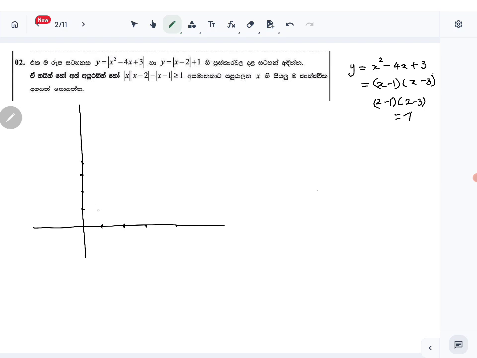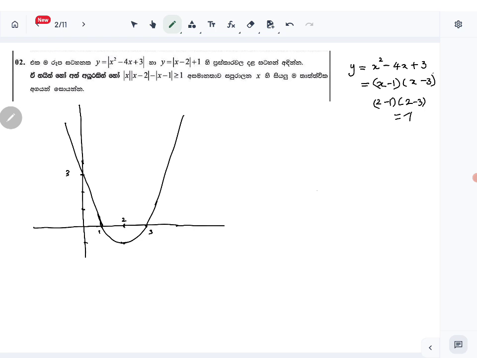So now let me draw this. So minus 1. So there's the vertex. Goes through like that. Right. So this is the quadratic graph.